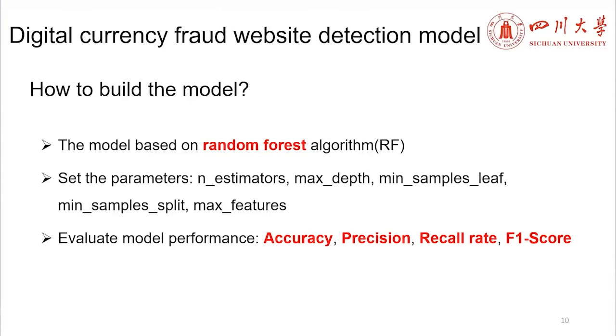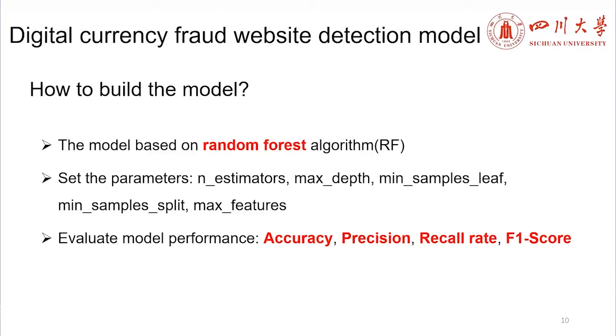It can be well applied to the dataset of our paper, and it can help analyze which feature has the greatest impact on the detection result. Based on the above reasons, we finally choose the random forest algorithm to apply to the digital currency fraud website's detection model.